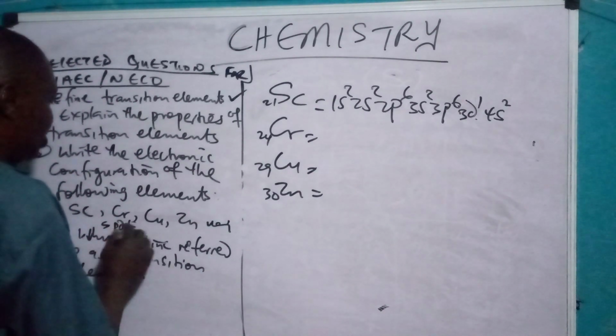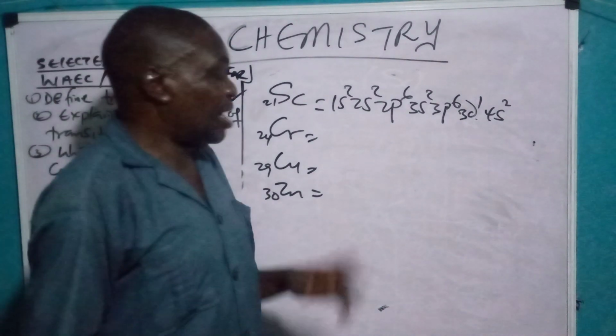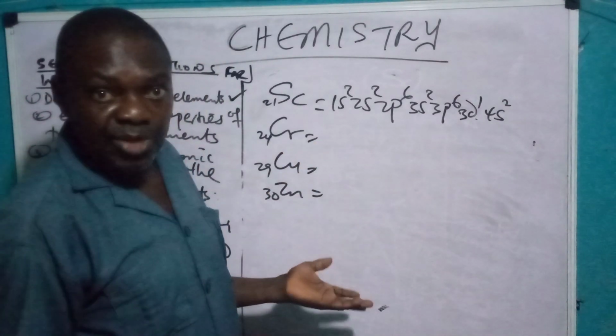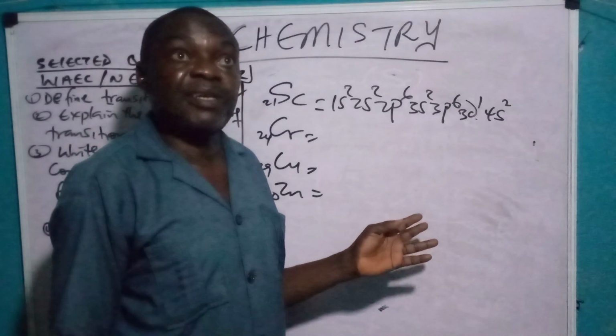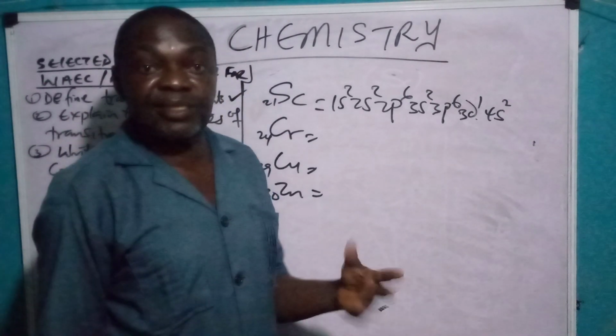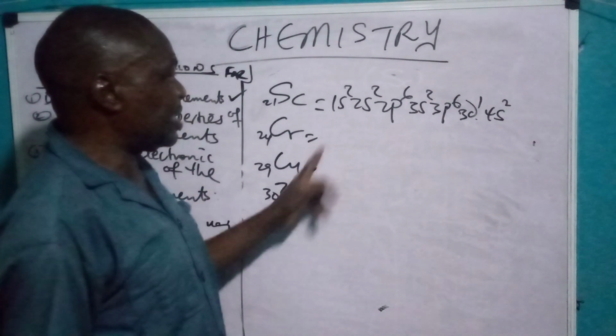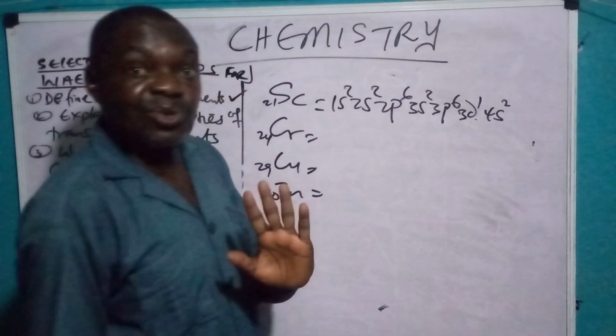They must specify it before you use it. Moreover, it is the one you have to use anyway, because you cannot use that old method, the one for the first 20 elements where you have 2, 8, 8. Because you have transition metals, this is the only one applicable to them. That one is not applicable.